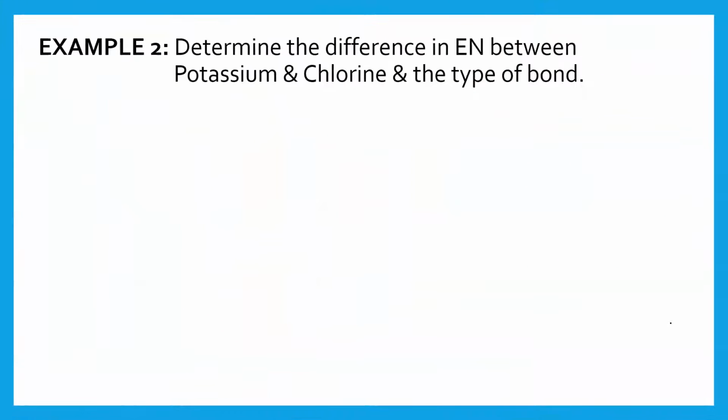Okay, another question. Try this, pause the video, try it yourself. We're determining the difference between potassium and chlorine and then the type of bond. Potassium is K, chlorine is Cl. Looking at my periodic table, K, potassium, has an electronegativity value of 0.84, and chlorine has a value of 3.